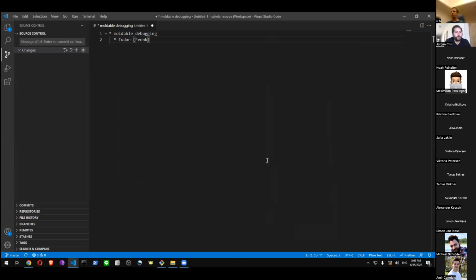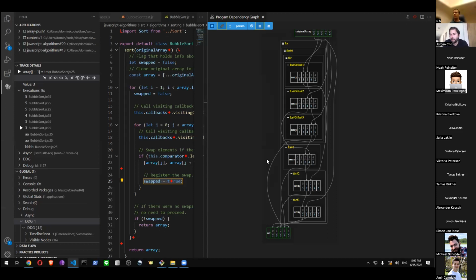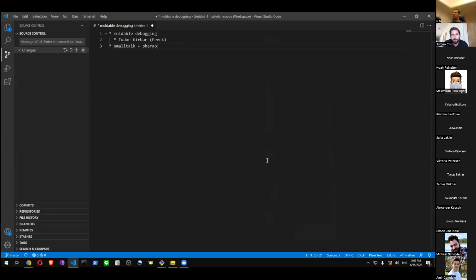Right. He was a student of Oscar Nierstrasz from Bern. Also probably Smalltalk and Pharo. I've seen them before, but I've never really paid a lot of attention to them, to be honest. I think just Pharo. Oh yeah, probably a typo.